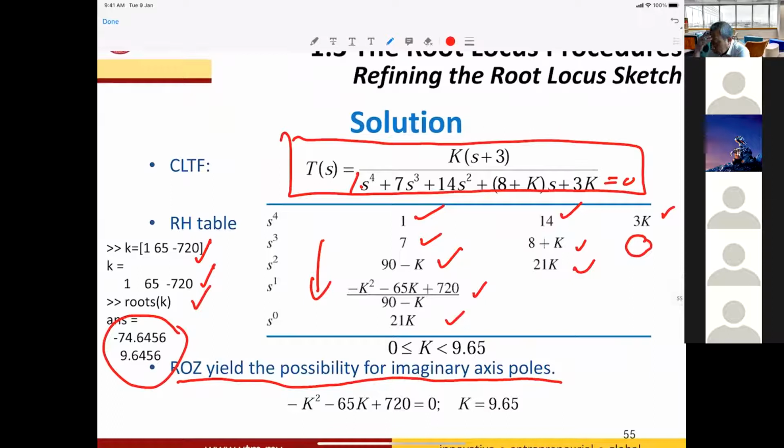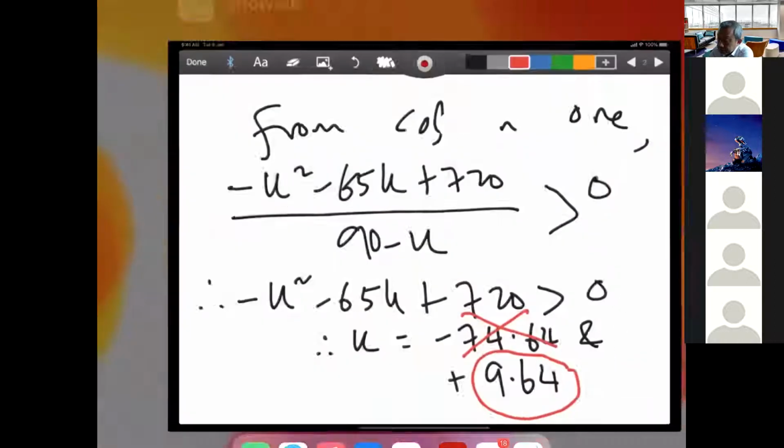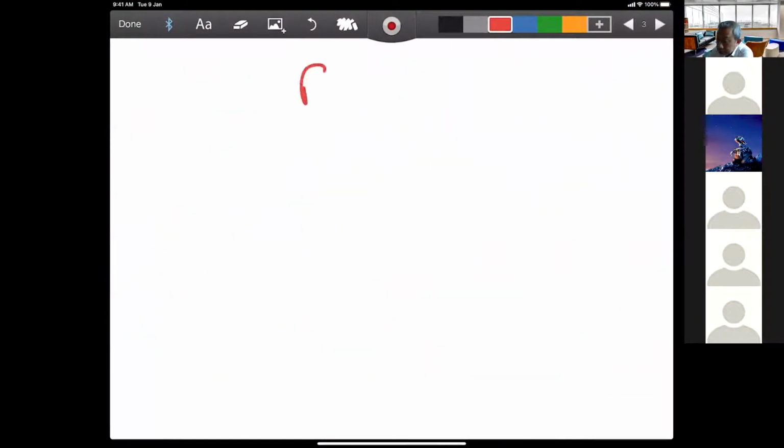Okay, 9.64 or 9.65, the range will be 0 less than K less than 9.65. Doctor, why is the negative value disqualified?